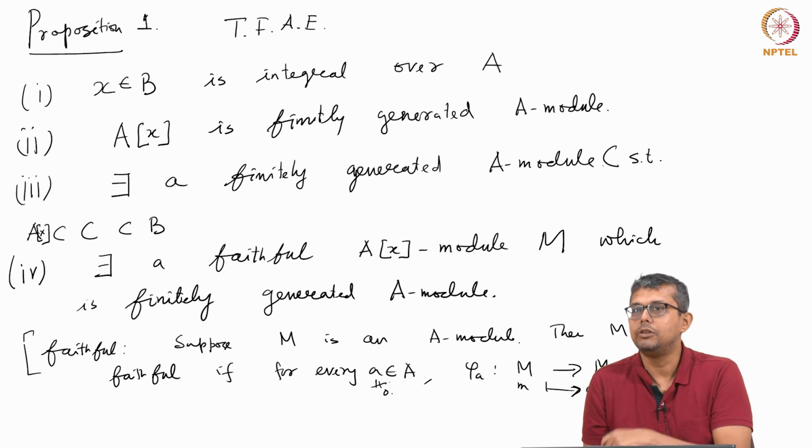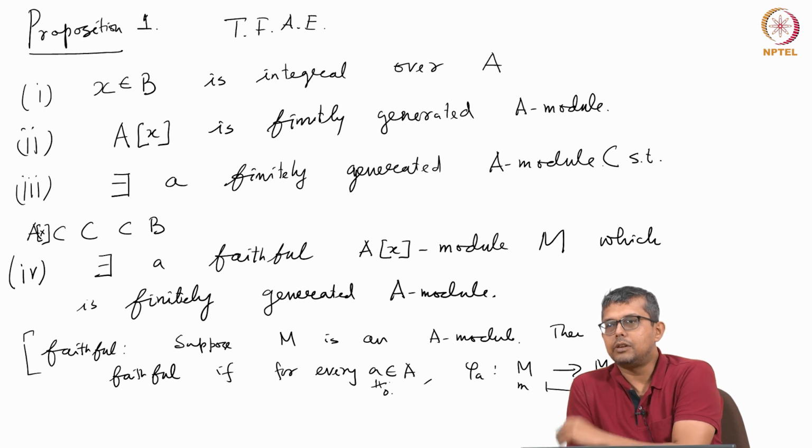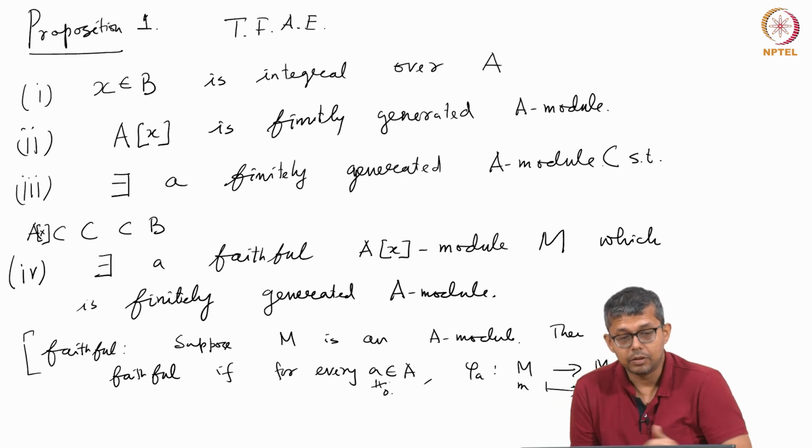If a is 0 then everything is 0. So if I take a non-zero element in A and consider this left translation map, which sends m to am, then this is a non-zero map. That means there is at least one m such that am is not 0. This is called faithful.